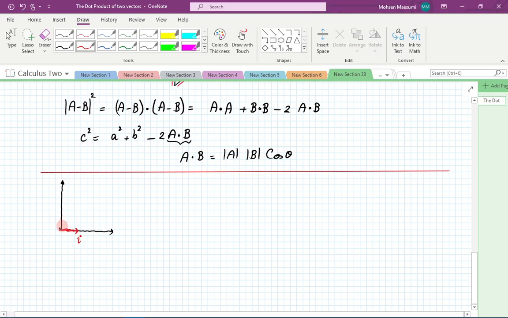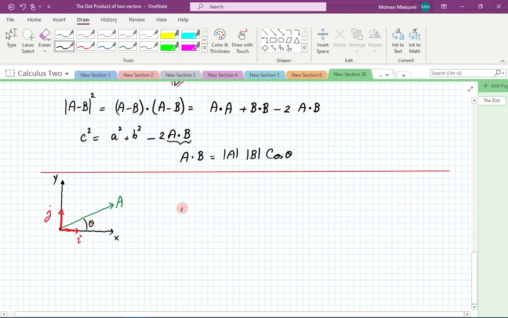We call this one i, and we call this one j. These were the unit vectors. Now suppose I have a vector a. Well, vector a makes some angle with the x-axis. Let's call this angle theta.